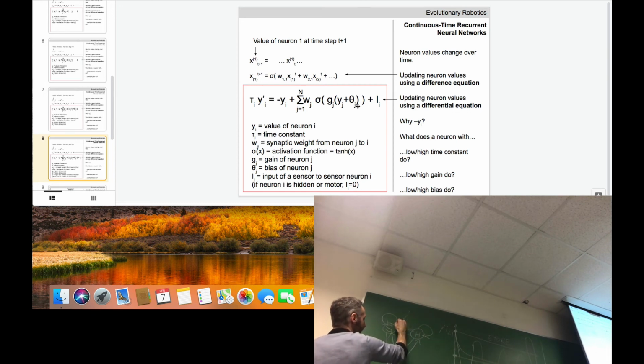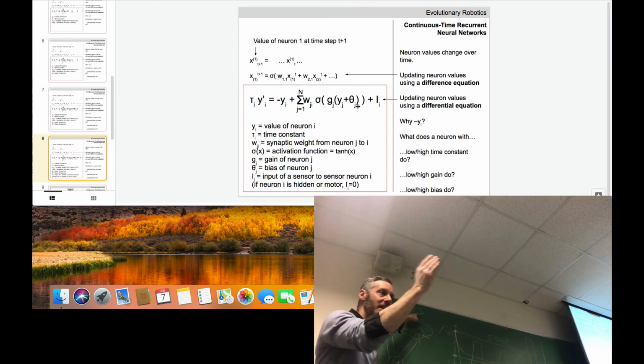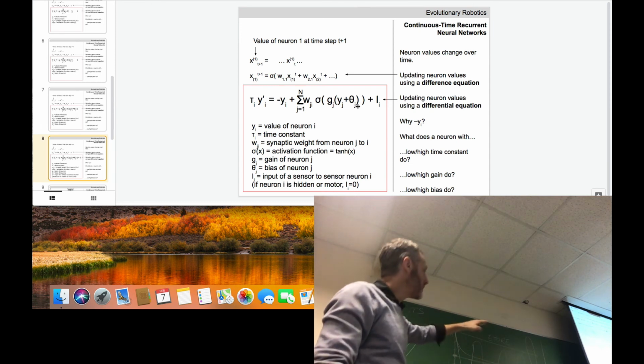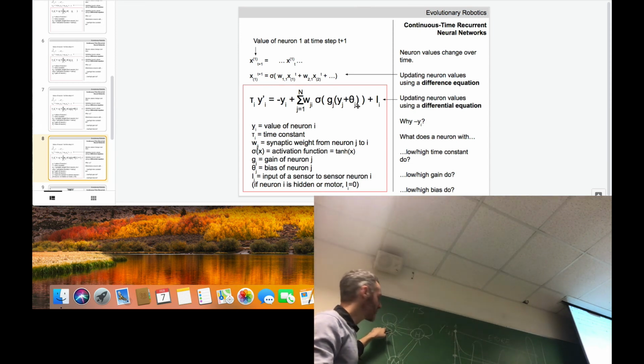I'll just draw this as a dotted line to remind us that this is not a synapse. This is just a transferal of a value from, for example, a touch sensor in the robot. The touch sensor equals -1 at a given point in time, which means the I sub I associated with the differential equation for this neuron is -1.